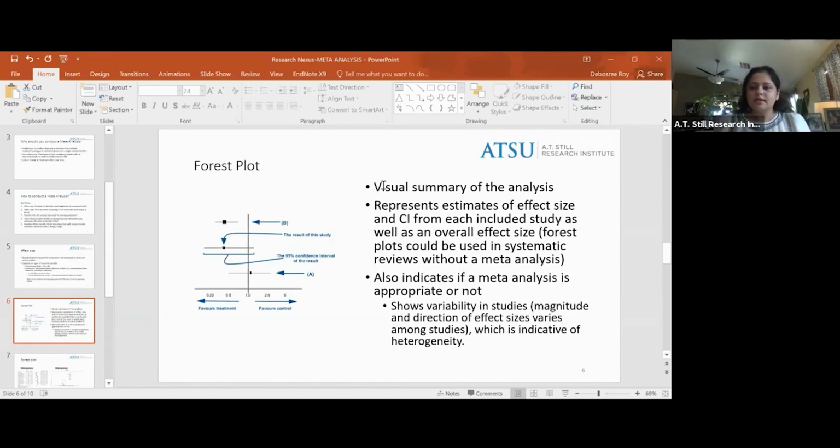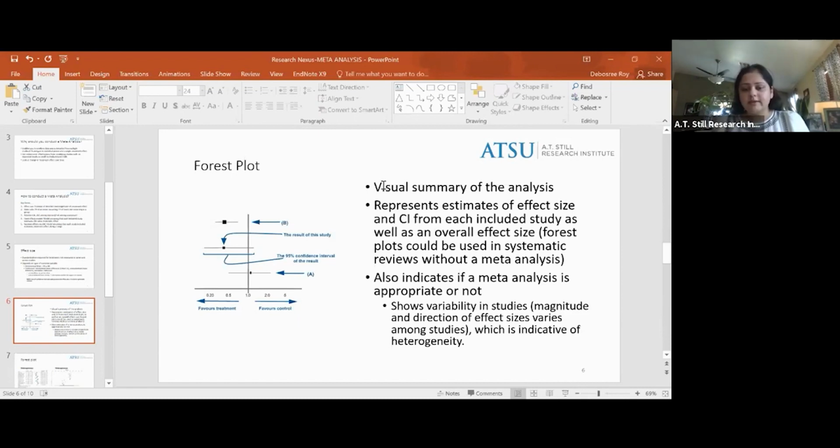It shows the variability in the studies and the magnitude of the effect sizes, and it gives you a visual snapshot of whether the data is homogeneous, so that you go ahead and conduct your meta-analysis, or you select the model to conduct a meta-analysis, or you do not want to conduct a meta-analysis.